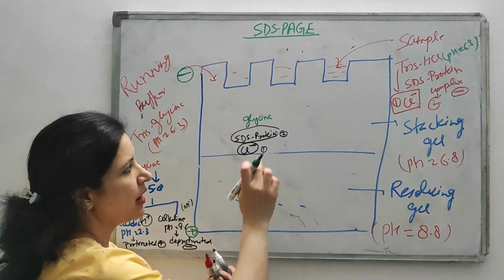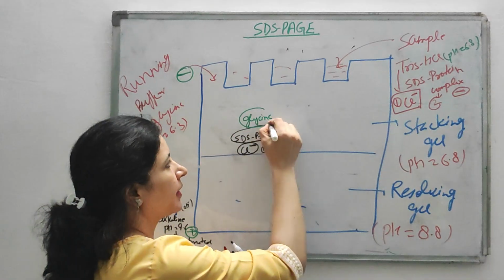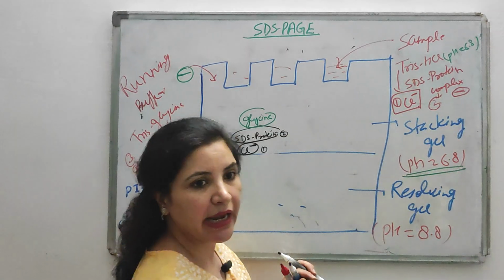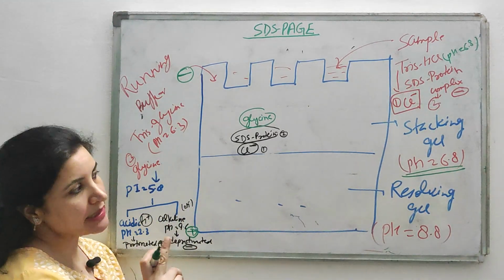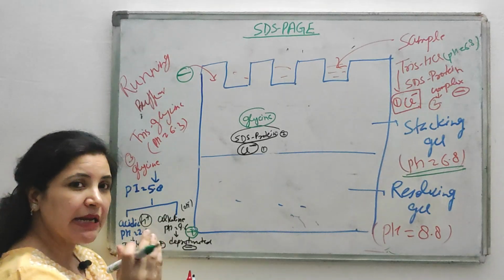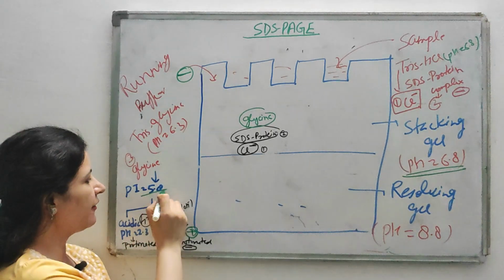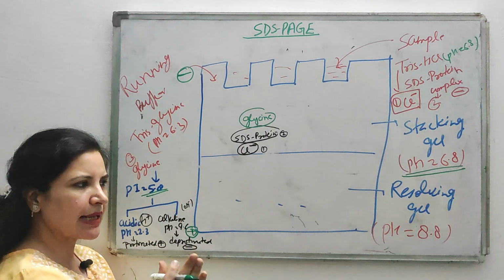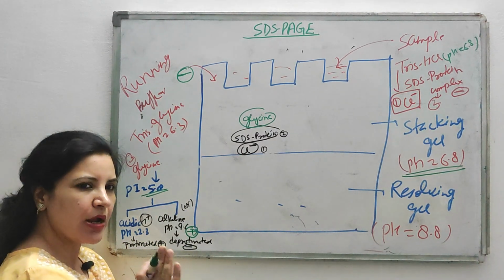So let's understand why glycine is third here. The pH of this stacking gel is what? 6.8. Okay, and at this 6.8 pH, glycine is what? Glycine is somewhat negative to neutral because its pI value is 5.8. So 6.8 is close to 5.8. So glycine carries almost negative to neutral charge.